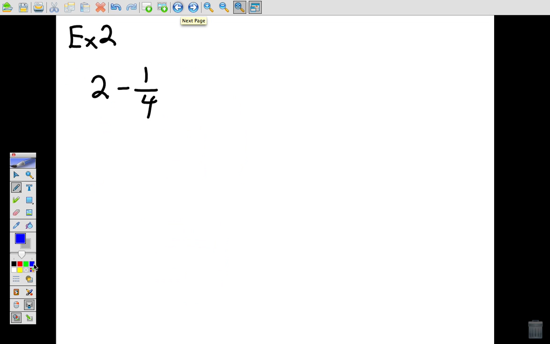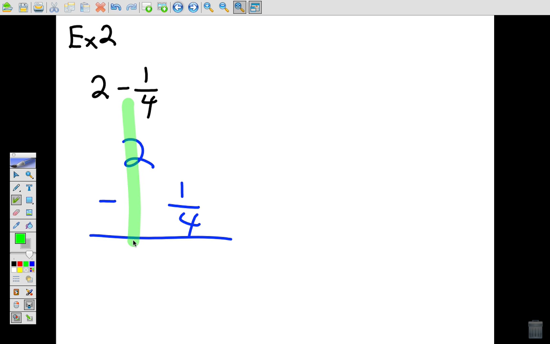All right, example 2. Now this time, we're taking that whole number, and we're going to subtract a fraction from it. Notice I didn't put the fraction right underneath the whole number, because I need to line it up. So in other words, this column right here is whole numbers. This column over here are my fractions. Now, I can't take 1/4 away from nothing, right? So I have to rename the 2.